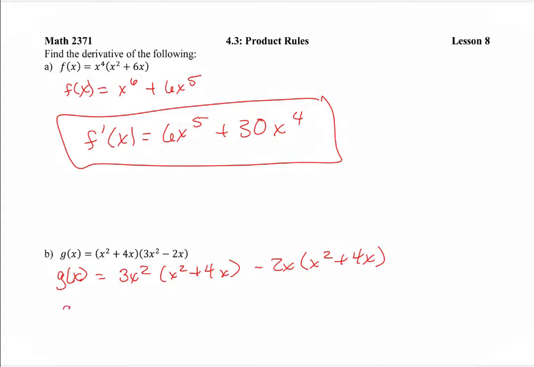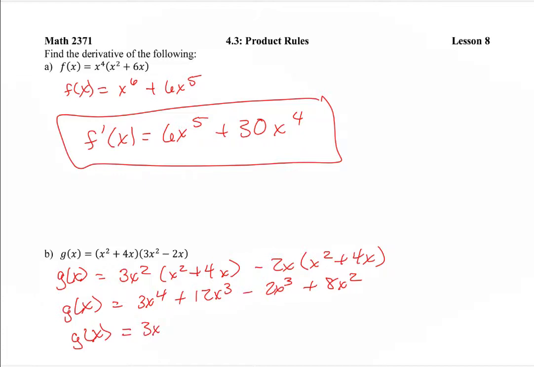And then g of x is 3x to the 4th plus 12x cubed minus 2x cubed plus 8x squared. Now I have to simplify it, so g of x equals 3x to the 4th plus 10x cubed plus 8x squared.